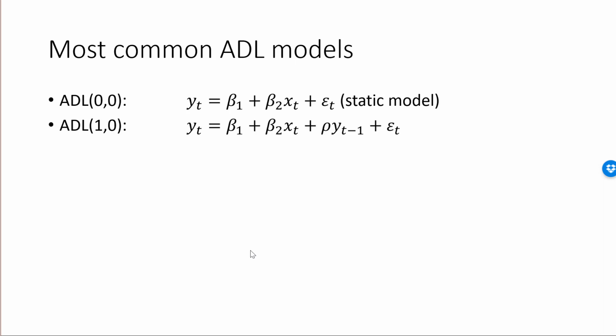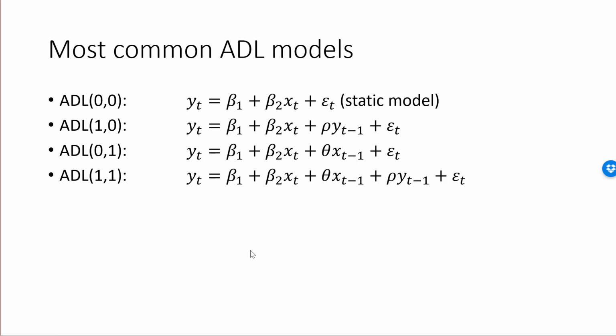The ADL 1, 0, that's when you have a lagged dependent variable but no lags on the explanatory variable, and vice versa for the ADL 0, 1. You have no lagged dependent variables, but you have one lag on the explanatory variable. Probably the most common ADL model is the ADL 1, 1, where you have one lag on each of the x and the y variables.